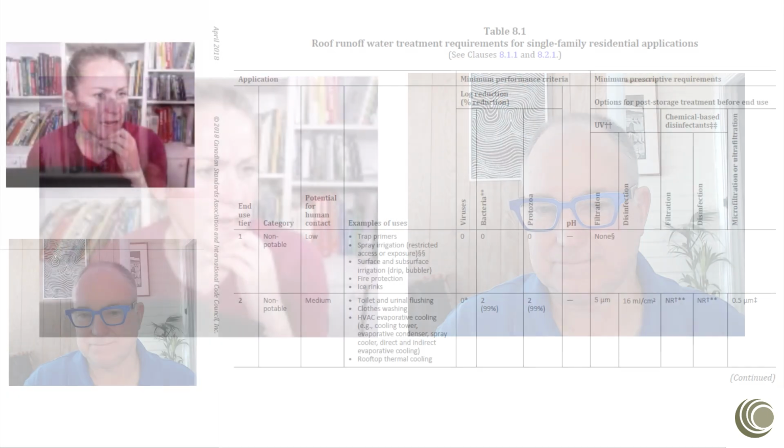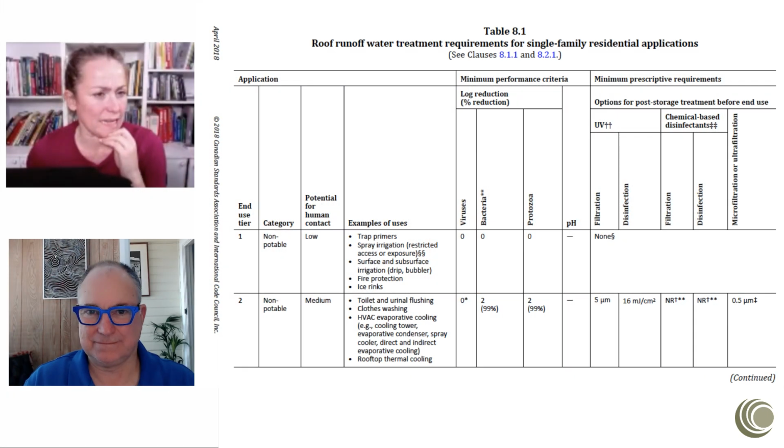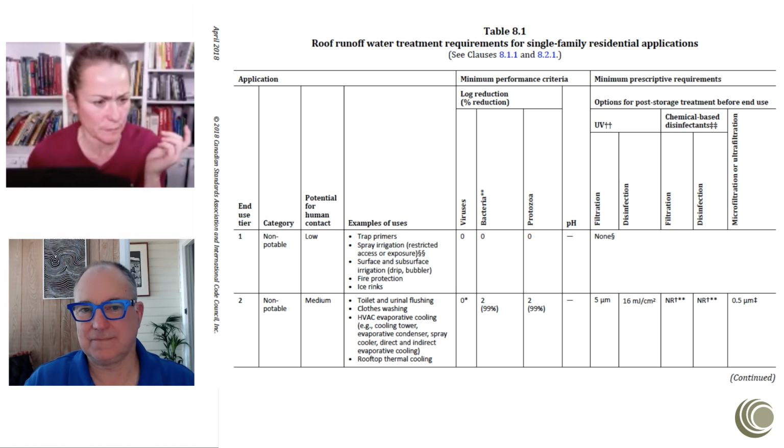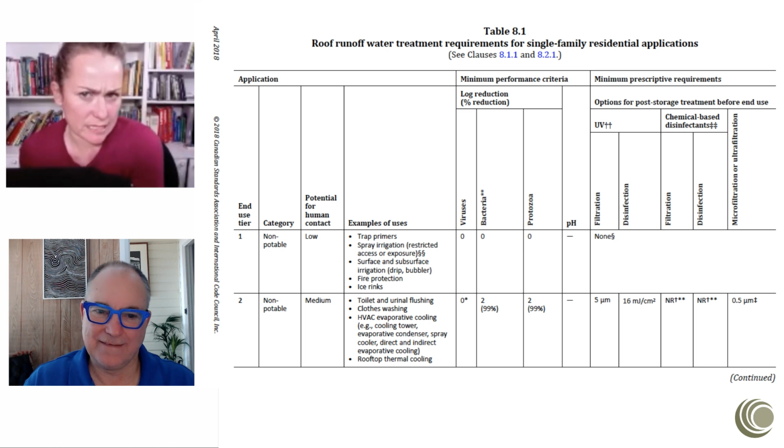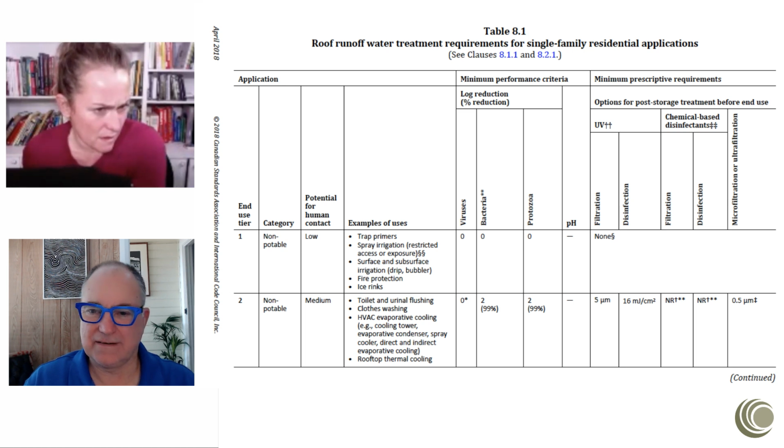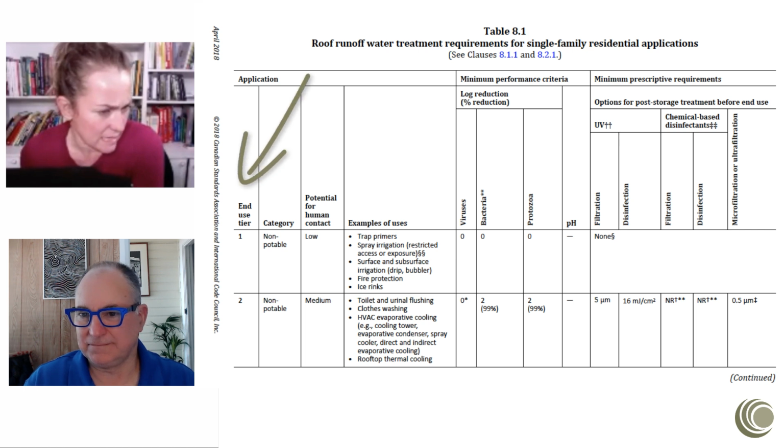There's a table 8.1, and this is what they're saying the treatment is required based on the end use for roof harvested single family homes. So quickly, I'll just walk through it. The way this particular standard is structured, they've got on the left-hand side these end-use tiers, and there's 1, 2, and on the next page there's 3 and 4.